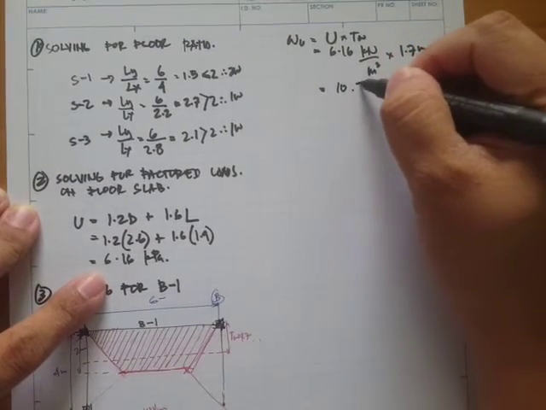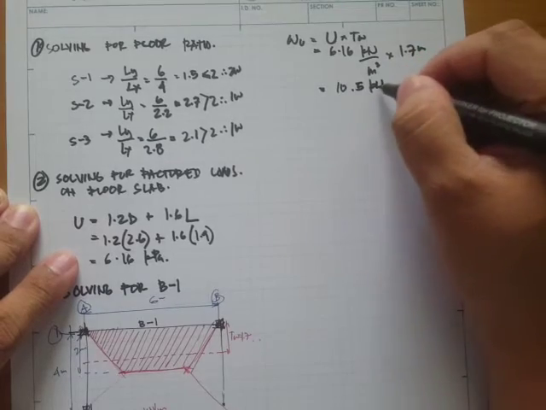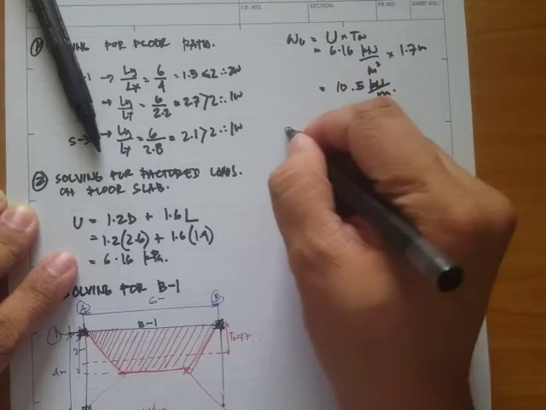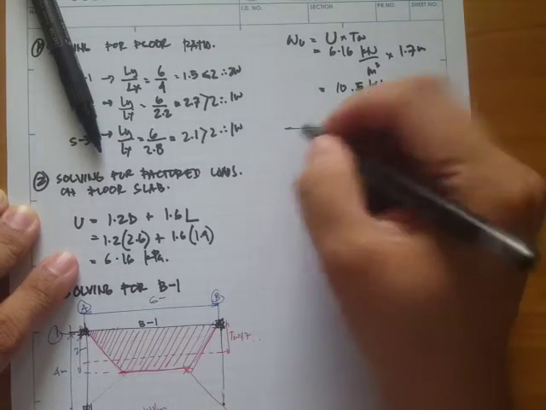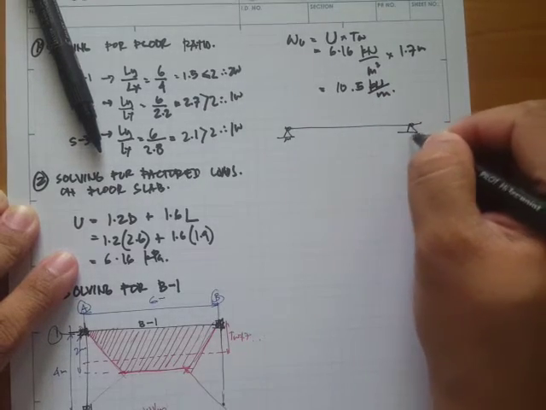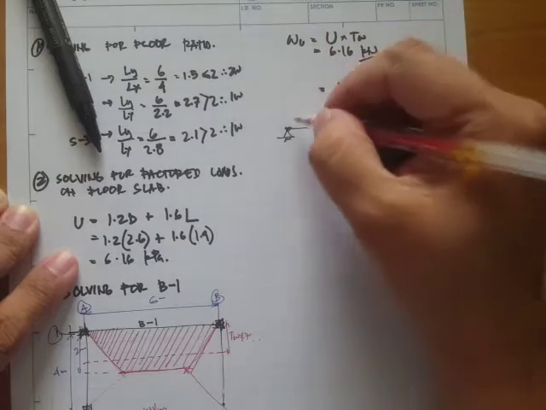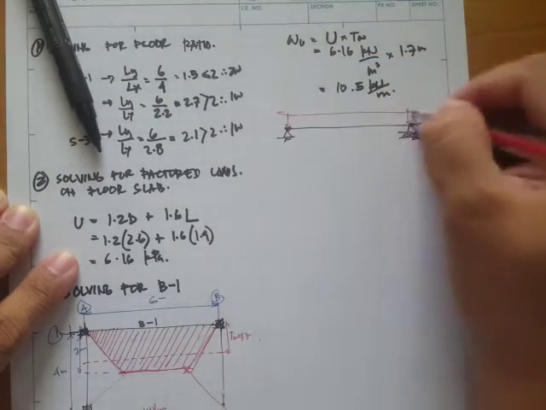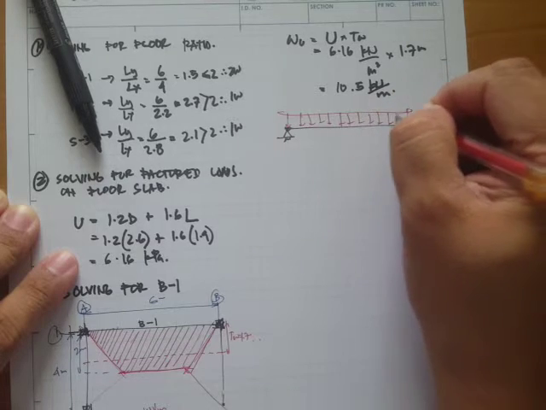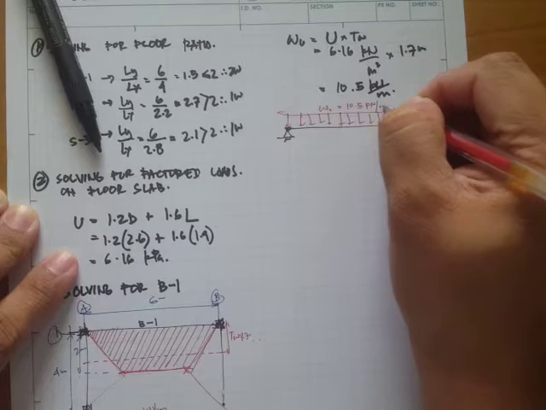That's 10.5 kilonewton per meter. So this 10.5 distributed loading refers to this load, right? So 10.5 kilonewton per meter.